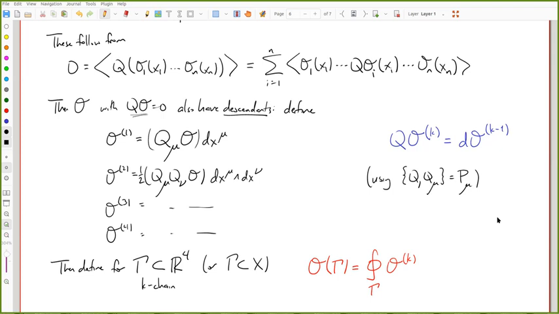The action of Q is obtained by integrating a particular current on a topological codimension 1 surface, and the fact that it factors is the statement that the homology class of a big sphere surrounding a bunch of different points is the same as a bunch of little spheres surrounding each individual one. Okay, no, that helps. Thank you.